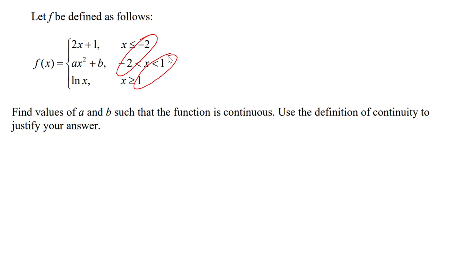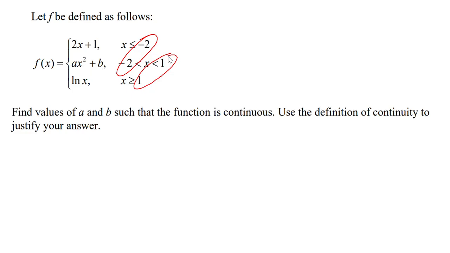And we can see that at -2 we use the 2x plus 1 piece of the function, and it does have a value at x equals 1, where we use the natural log x piece. So I just need to make the limits from the left and the right at -2 and 1 match up so that the limits exist. Then those limits will just be equal to the actual value of the function.